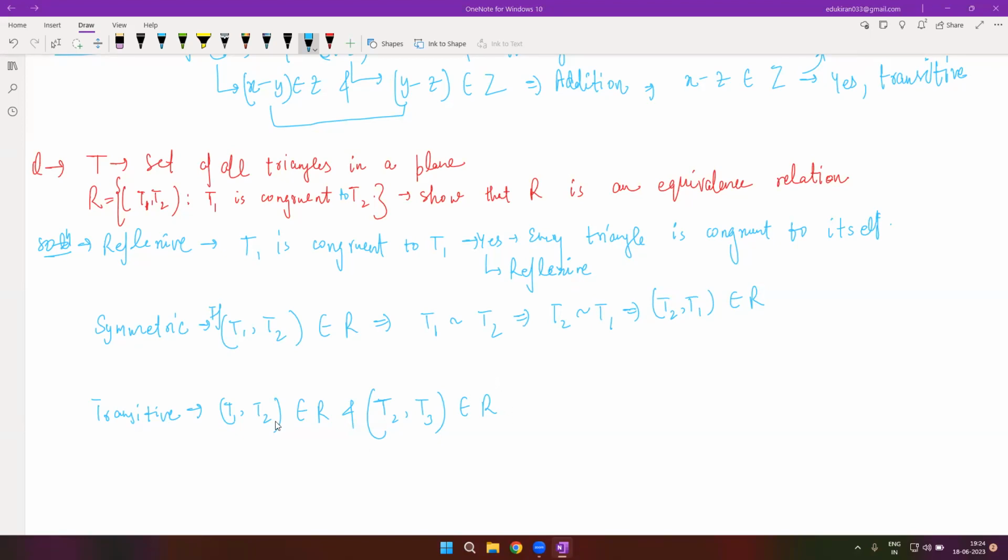So if T1, T2 and T2, T3 are present in the relation, it means that T1 is congruent to T2 and T2 is also congruent to T3. If T1 is congruent to T2 and T2 is congruent to some other triangle, then T1 must be congruent to that triangle. No?